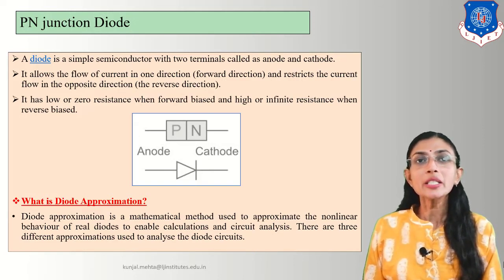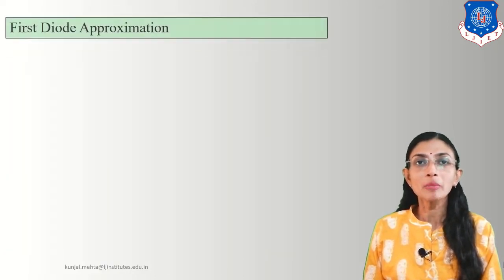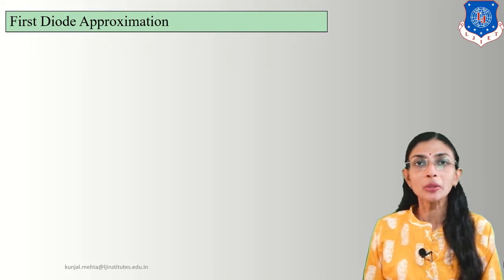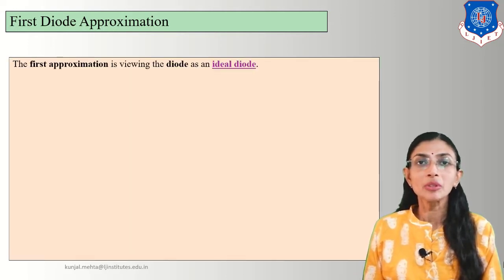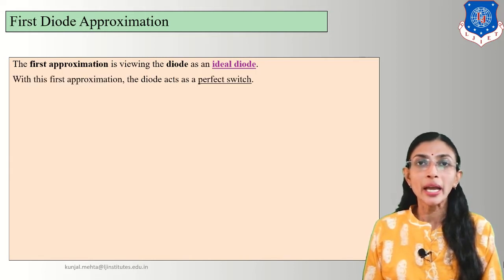So, students, we will study three approximations: first approximation of the diode, second approximation of the diode, and third approximation of the diode. In the first diode approximation, we consider the diode as an ideal diode, in which the diode acts as a switch.